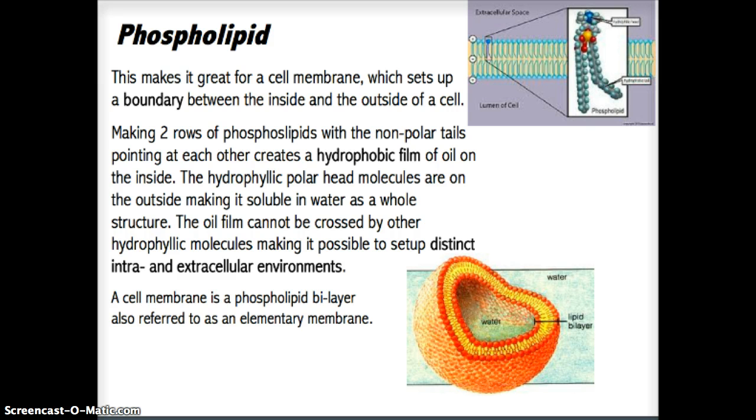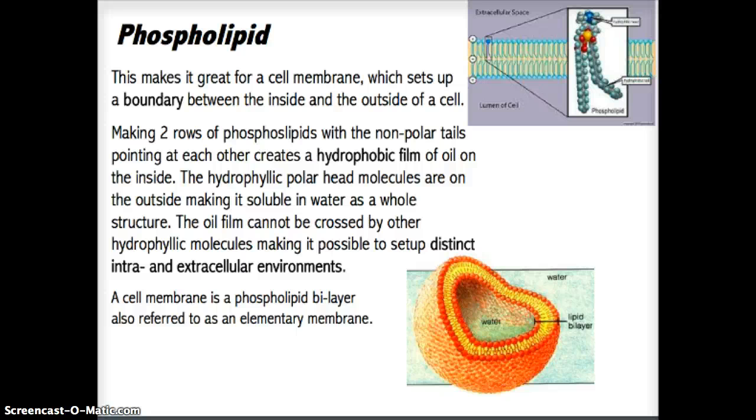This is a great material that we can use for making cell membranes, because we need a boundary between the outside and the inside of the cell. Well, what we do is 2 rows of phospholipids pointing the nonpolar tails at each other, and the hydrophilic heads on the outside.